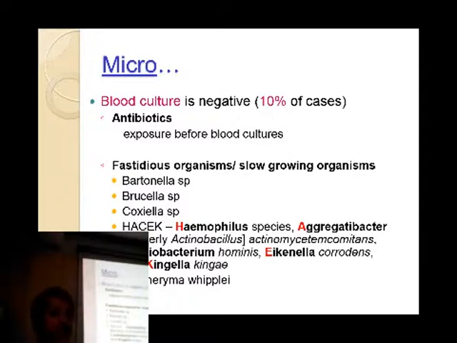Haemophilus species, Aggregatibacter, Cardiobacterium, Eikenella and Kingella are these five organisms which have slow growing capacity. Apart from that, Tropheryma whipplei is another very rare organism which we will not be able to identify by normal microbiological studies.